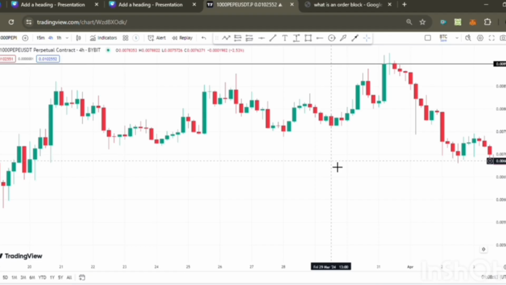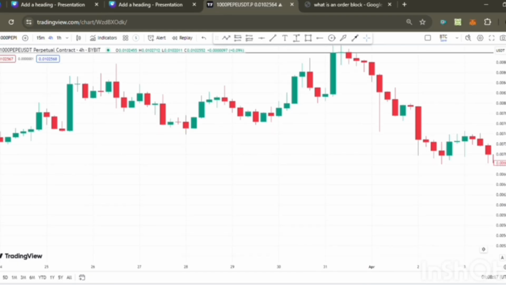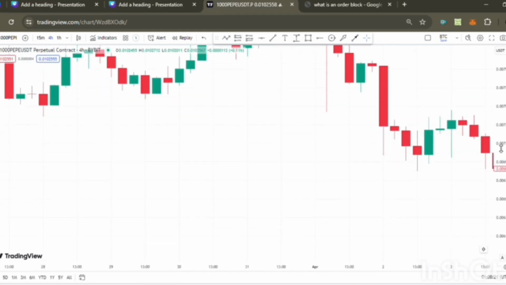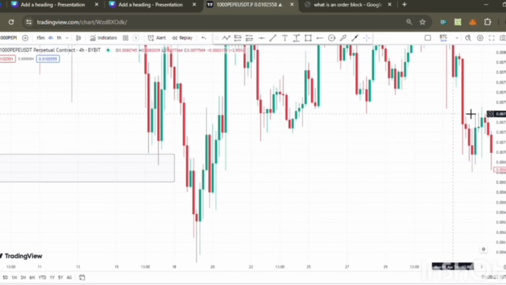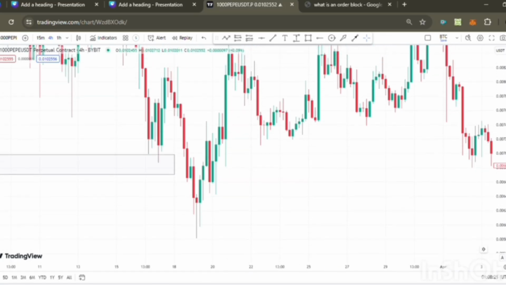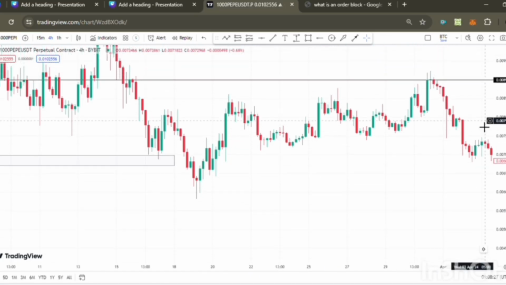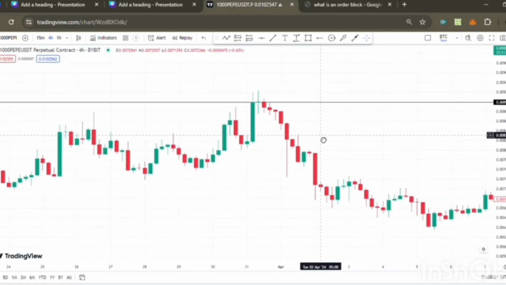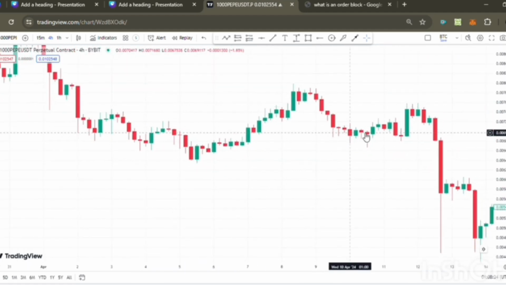But then if the first candle did not completely sweep the liquidity of the previous candle, we can still consider that as a fair value gap or market imbalance. It's just that the order block is not too strong, not too valid. Do you understand? But there is a fair value gap there.